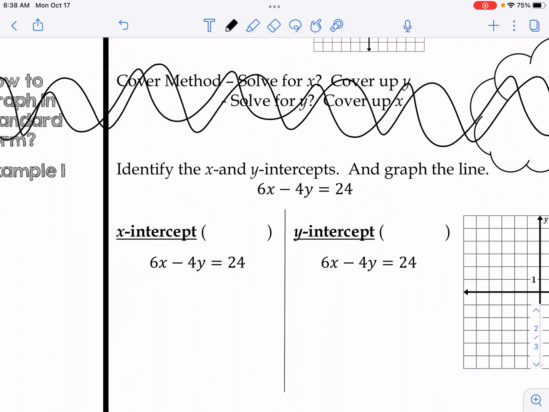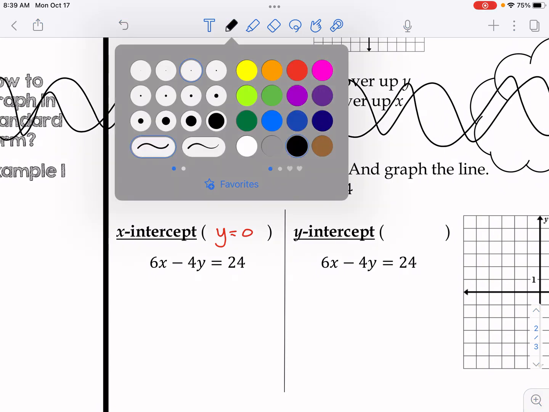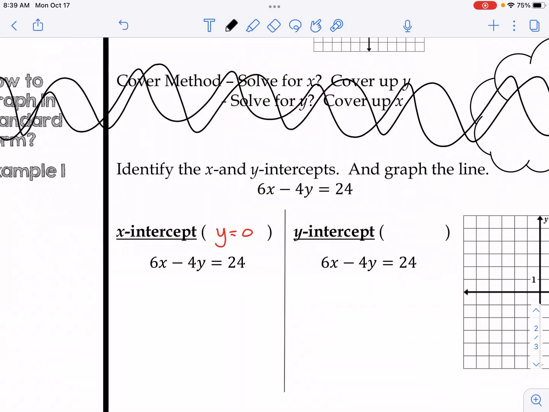For the one off to the left, x-intercept, we're going to set, like I said, I'll put this in red, the other variable, y, equal to 0. We're going to rewrite this, but instead of the minus 4y, it's going to be minus 4 times 0. So let's rewrite 6x minus 4. I'm going to plug in for y, but for y, we're going to put a 0.